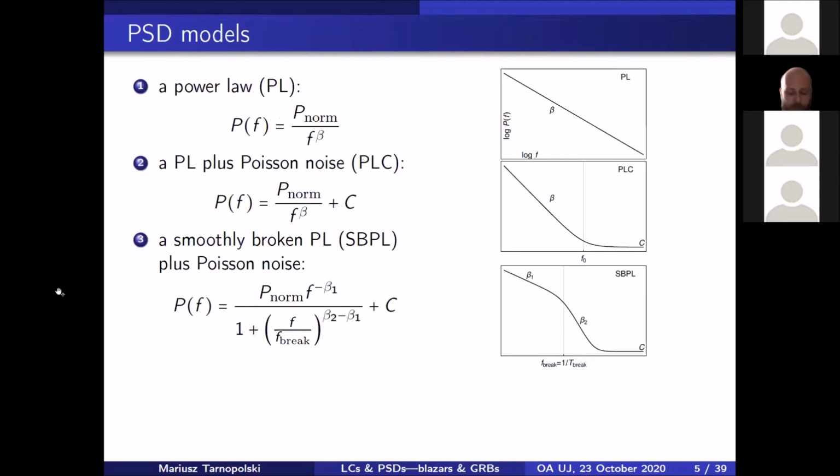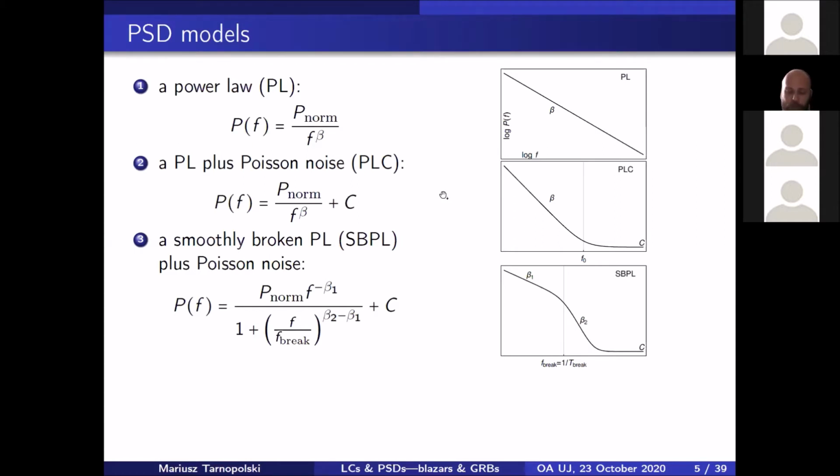Now, often one wants to examine the overall shape of the PSD, and the most important example is the power law, 1 over f to the power of beta, which in a logarithmic space is a straight line with slope beta. Frequently encountered is also a power law which flattens out above some critical frequency f0.